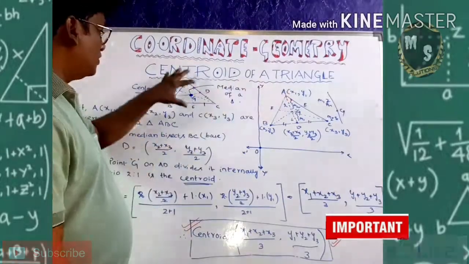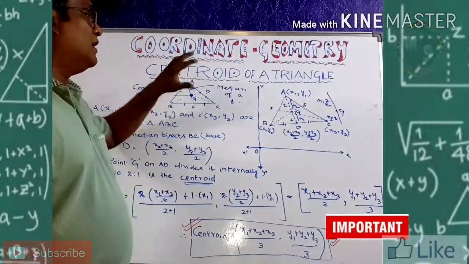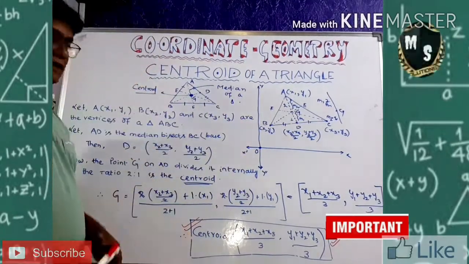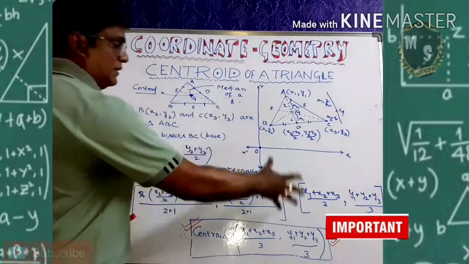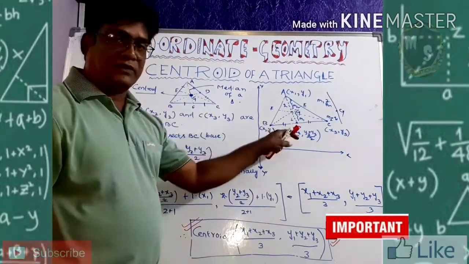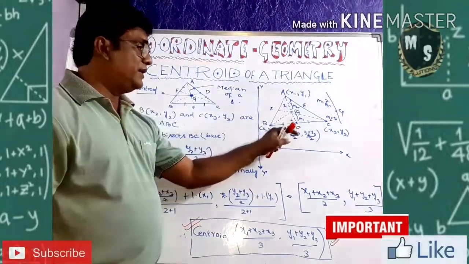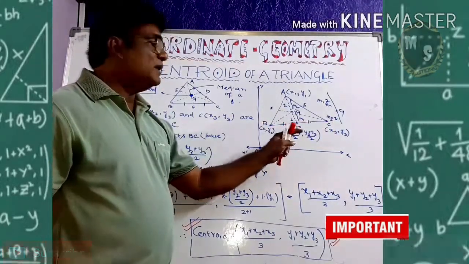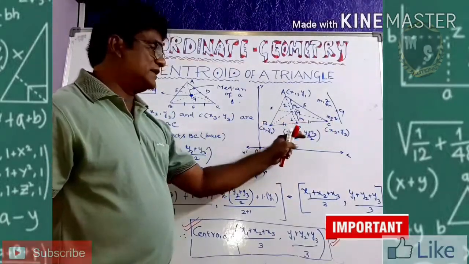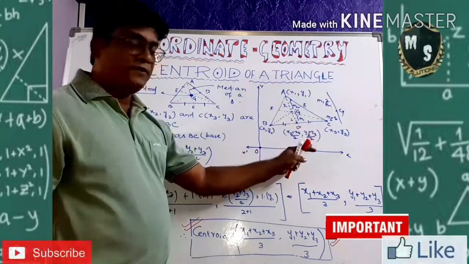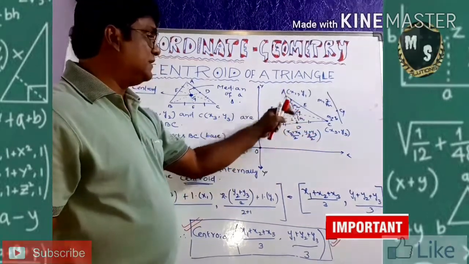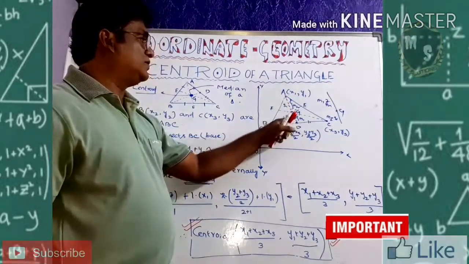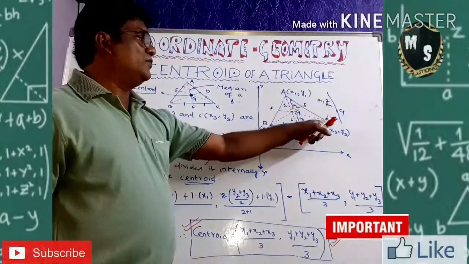I hope you understood the idea of centroid and how I derived this formula. The derivation of this formula is important. First we calculate the D coordinate. D is the midpoint of B and C, so using the midpoint formula, it is (x2 plus x3) by 2, (y2 plus y3) by 2. Then G divides the median AD in the ratio 2:1, so m1 is 2, m2 is 1.